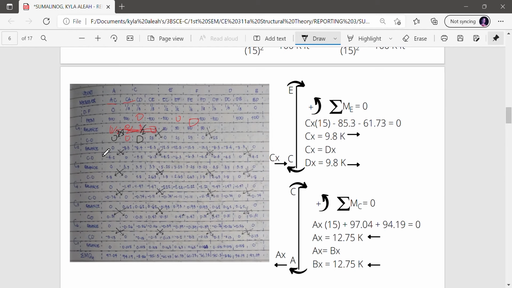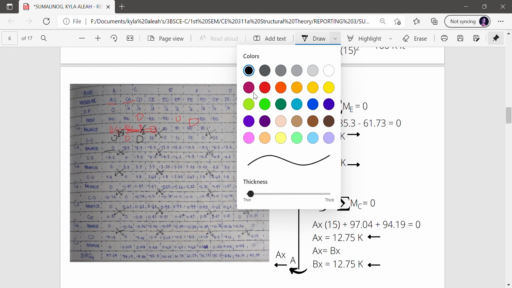So on the balance, what you are going to do is add all the moments present on the member AC or the joint A. That will be 0, so times 0, it's 0. And if it is on the joint C, adding all the COs on the joint C, that will be 0 plus 25 times 1/3. That will be equal to negative 8.3.